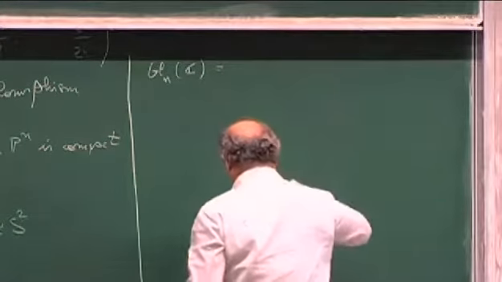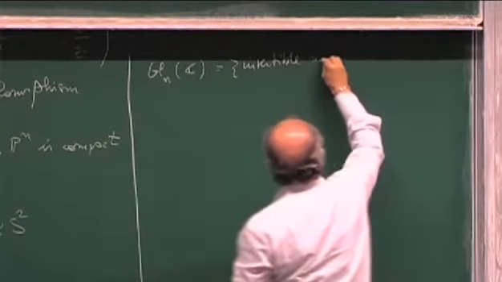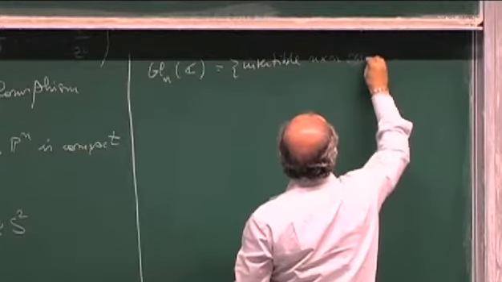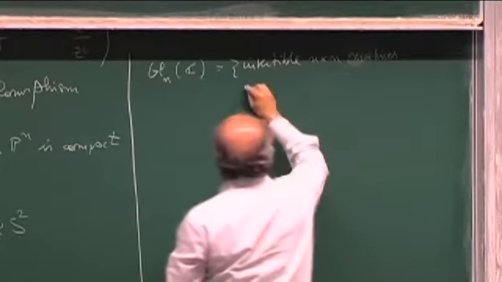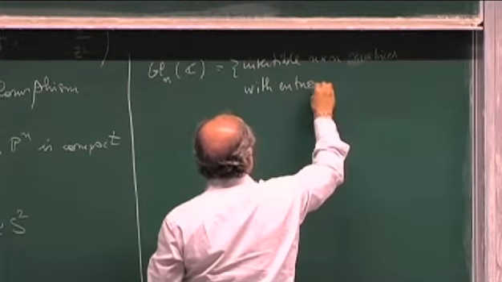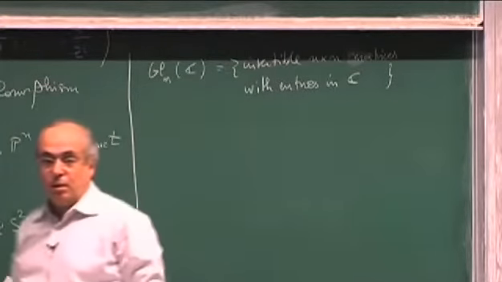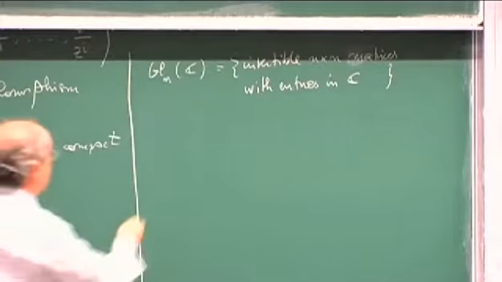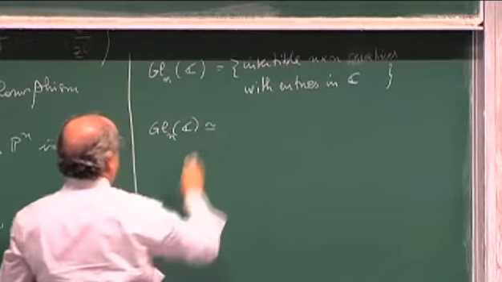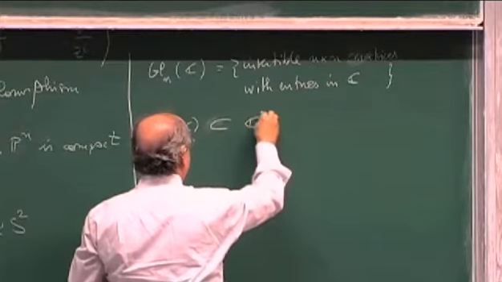So these are the invertible n times n matrices with entries in C. Actually, it's not difficult to realize that this is an open subset of C^(n^2).